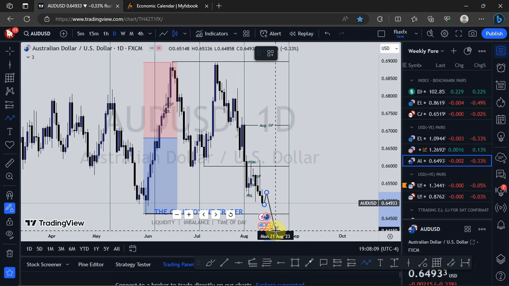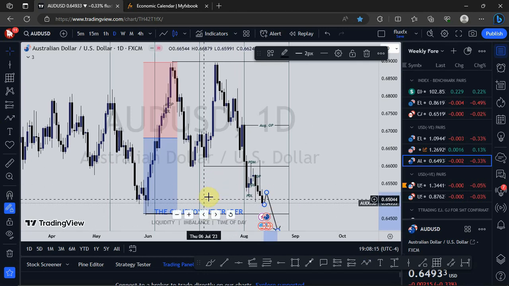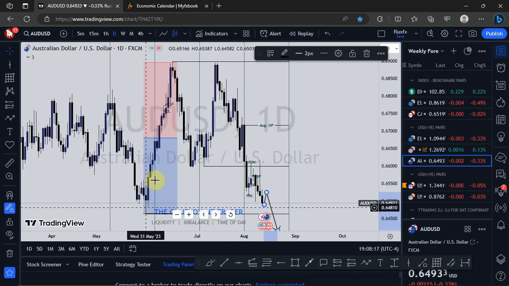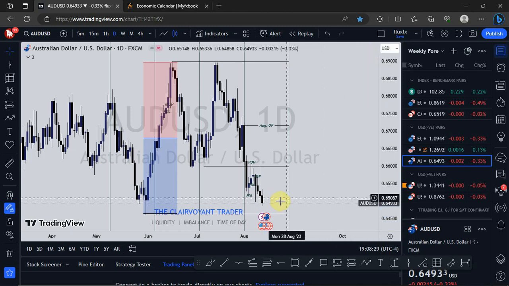Once that 60-day low is taken, then we'll look for another range. That will complete the work of this current dealing range right here. So kindly take note of that. That is just that for AUDUSD.